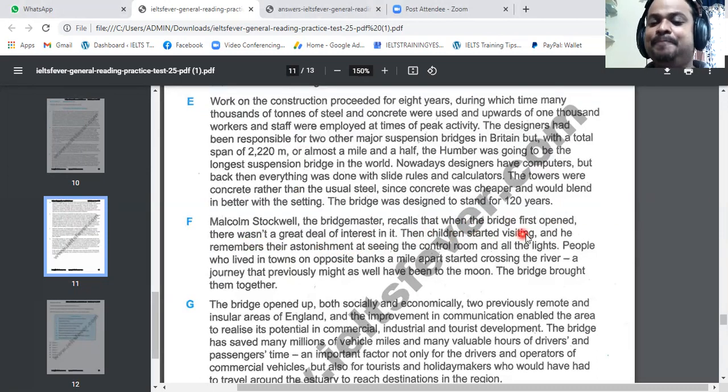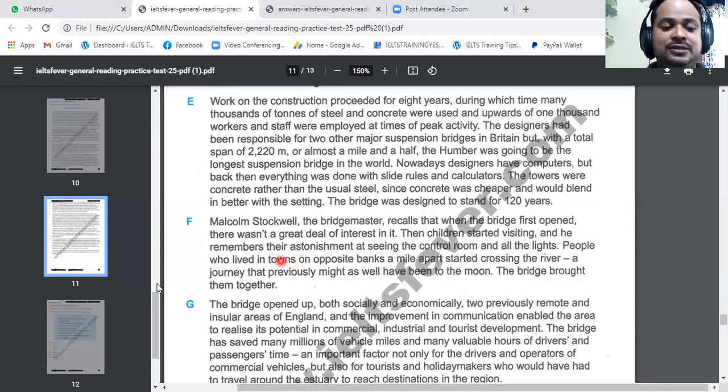But later, children visited, people visited, so it became popular. It was growing, so it was a progressing thing. So this is what we have seen here: the growing popularity of this particular bridge.